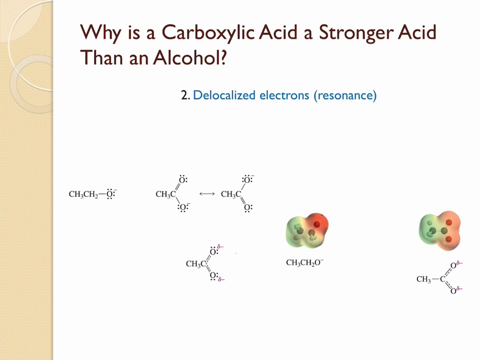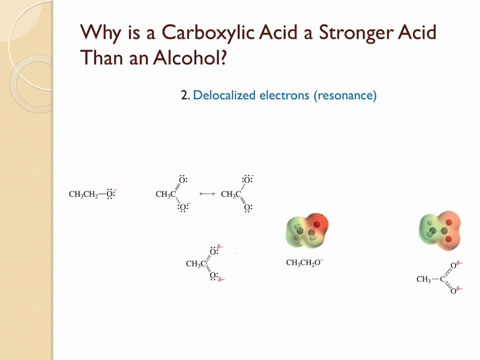When the carboxylic acid loses that hydrogen, the electrons are not going to be simply concentrated on one oxygen. Instead, they are going to be distributed between the two oxygens, leading to another resonance contributor. But here in the case of alcohol, after it loses the hydrogen, when it forms the ethoxide ion, the electrons are going to be localized, which means there is no way that these electrons can shift, right?